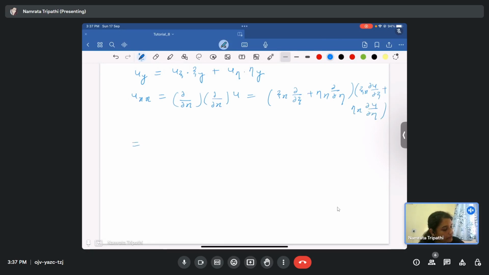Firstly, multiply this term with this bracket, and secondly, multiply this term with this bracket.